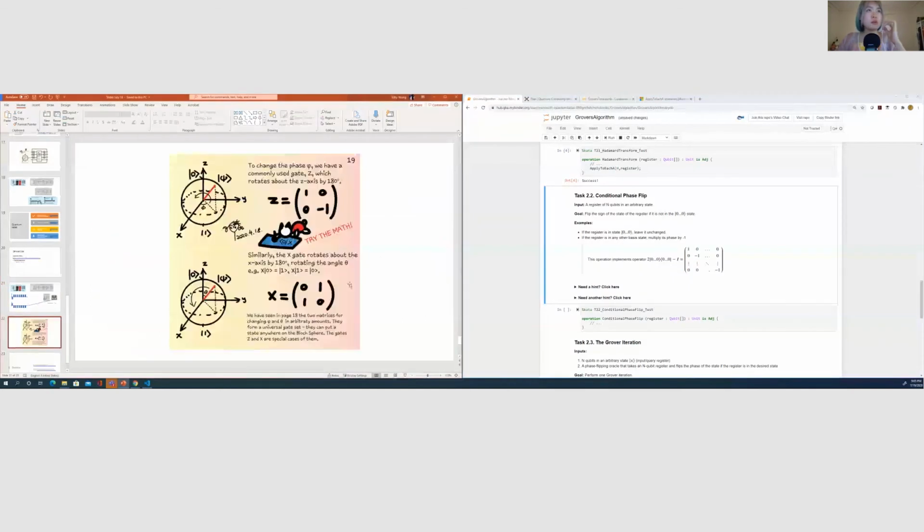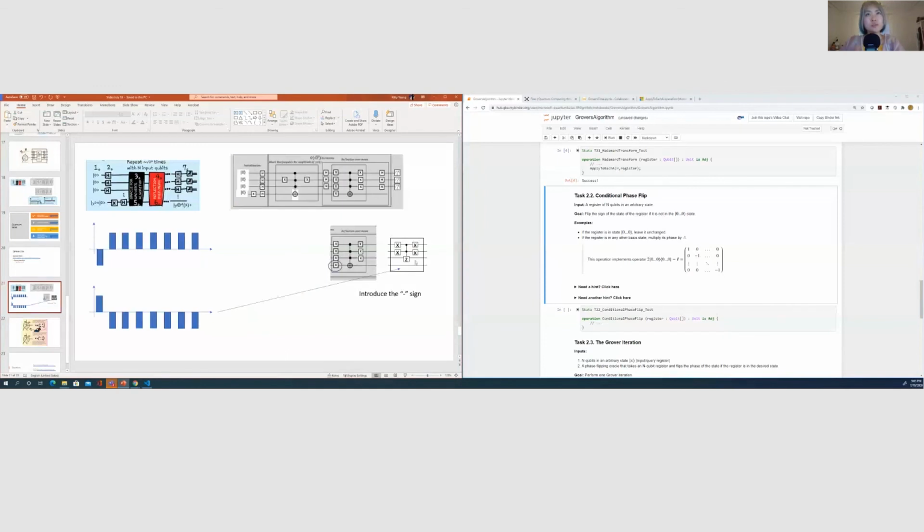Remember, in our single qubit gates, we have seen the X. What X does is flipping from 0 to 1, 1 to 0. But we also have this Z gate. It intrinsically introduces a minus sign, it is rotating around the Z axis. So you're giving your second element this negative sign here.